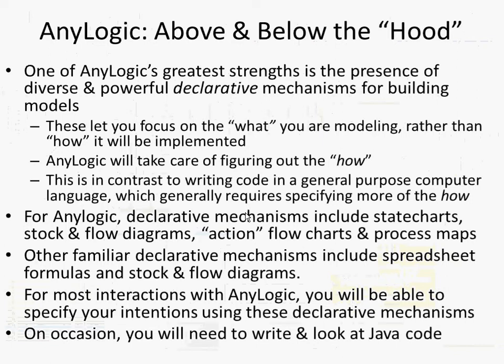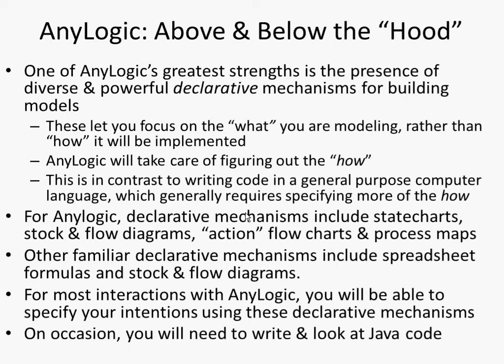But here we've actually seen that much of a model can be specified in a declarative way. We've seen state charts. We will see stock and flow diagrams. There's actually flow charts that you can specify for the model to describe algorithms, and maps, which we'll see tomorrow in terms of situating things.